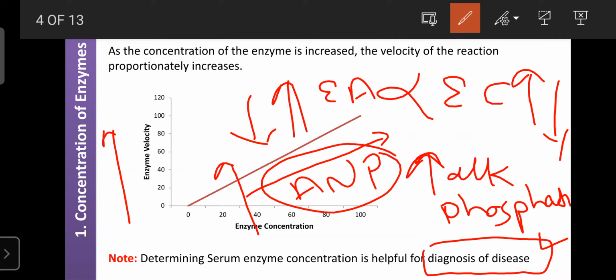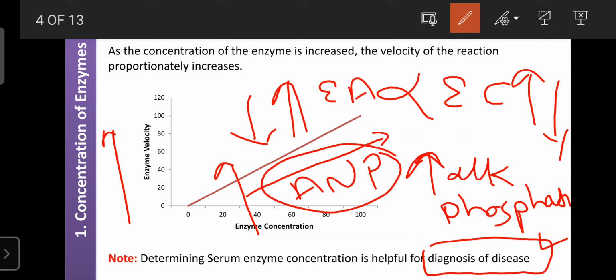Like that, monitoring the enzyme concentration is helpful for the diagnosis of disease, because some reactions increase due to the increased ability or concentration of the enzyme. So only by monitoring the serum enzyme concentration can you conclude and diagnose the disease.